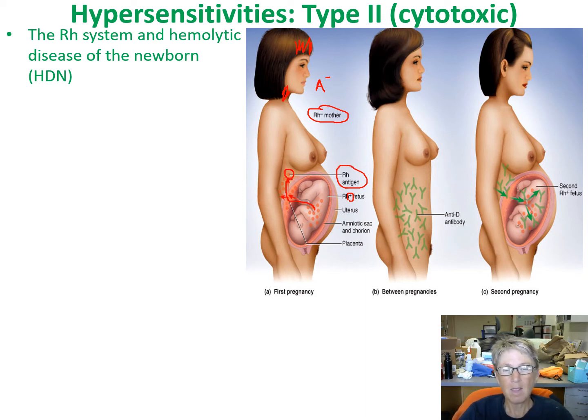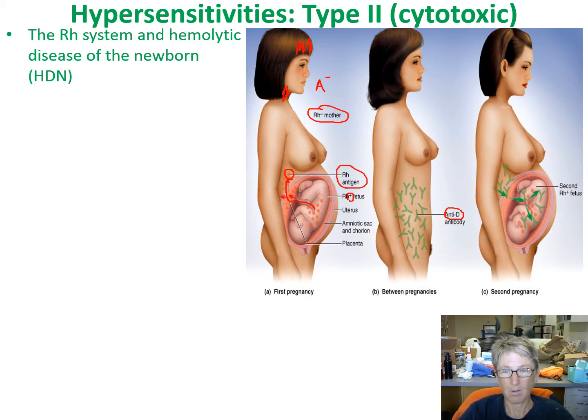Then over time the mother will start making RH antibodies, and in this cartoon they're called anti-D antibodies. It'll take time for the mom to build up all these antibodies, so it doesn't hurt the first fetus, embryo or baby. So number one is fine.